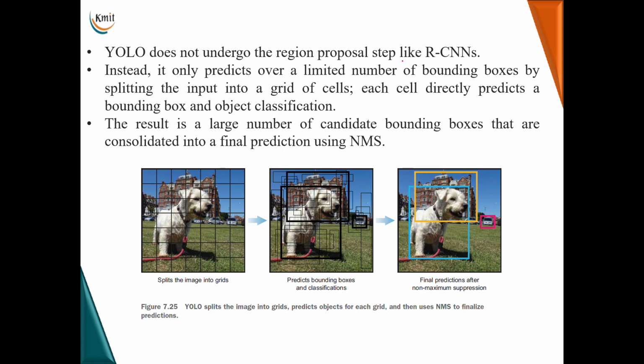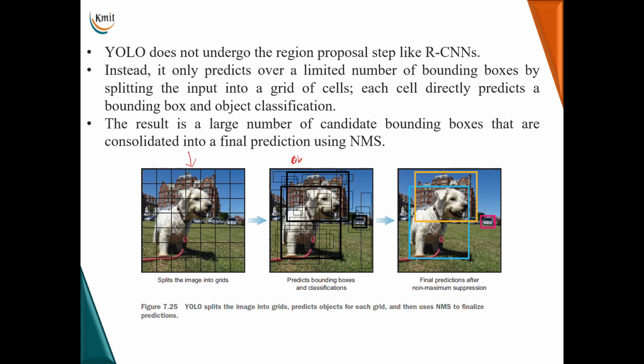YOLO does not undergo the region proposal step like RCNN, same as in SSD. Instead, it will divide the image into a grid, and each grid will generate different anchor boxes, and the objectness score of each anchor box will be calculated.